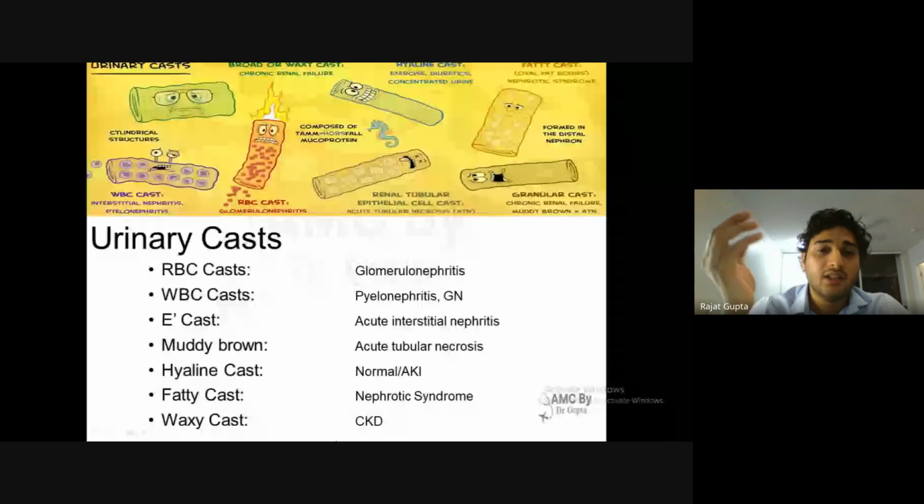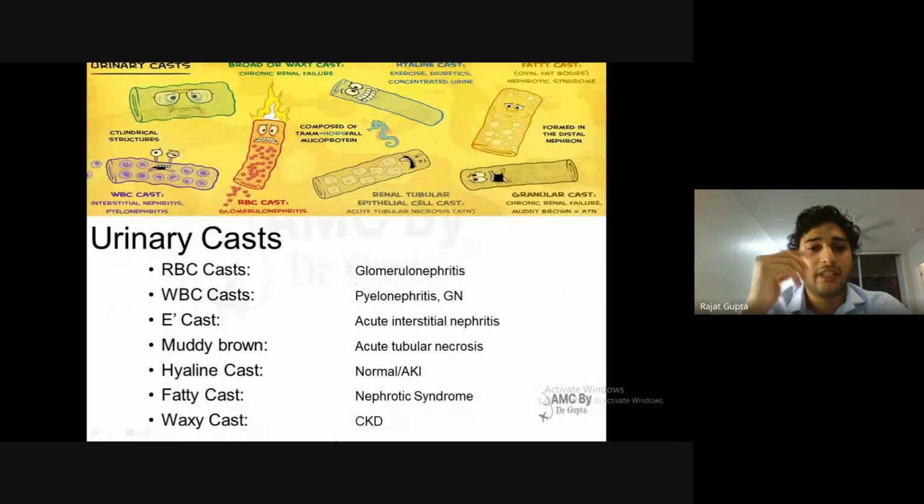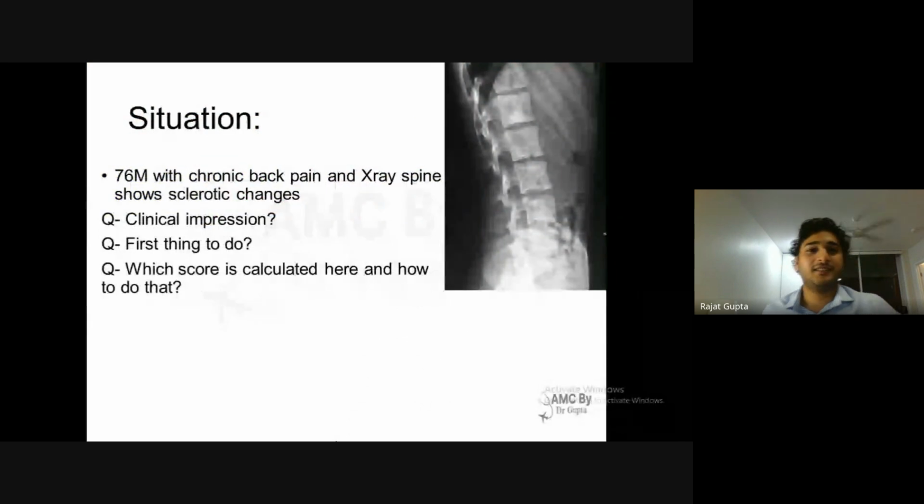So waxy cast. Whatever I said right now is just to make you memorize these casts and sediments. Okay, there is no logic, just to memorize. Some logic is there, but yeah. Okay, now read this stem and let's get back to interesting stuff. Diagnose this patient.